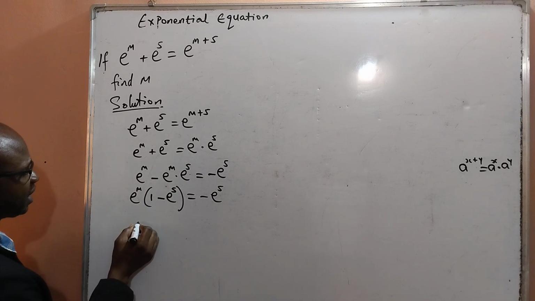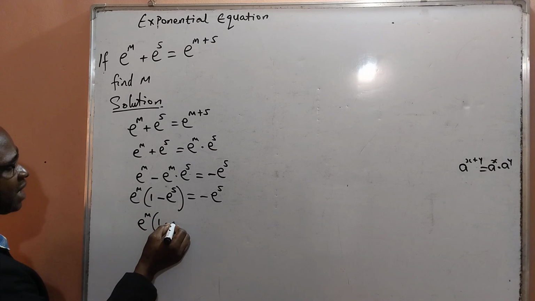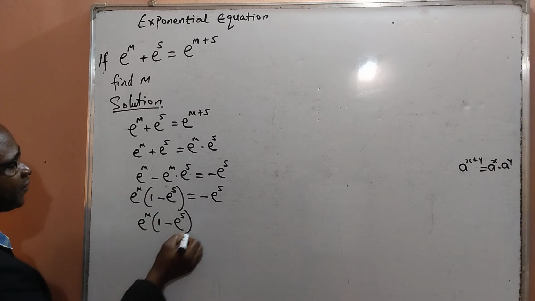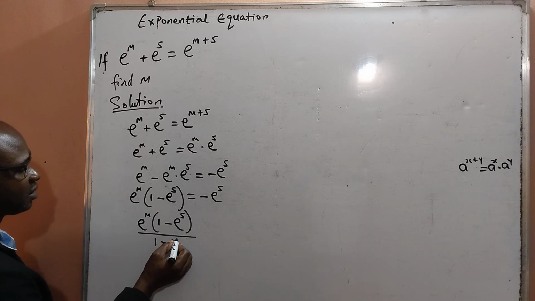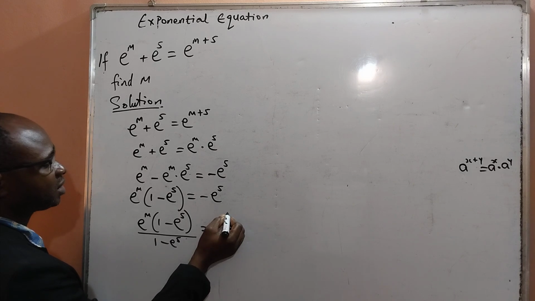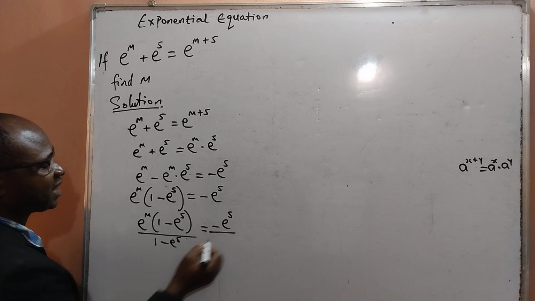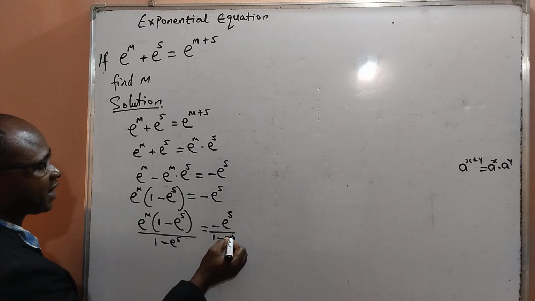I will get e raised to the power n into 1 minus e raised to the power 5, all divided by 1 minus e raised to the power 5, equal to minus e raised to the power 5 divided by 1 minus e raised to the power 5.